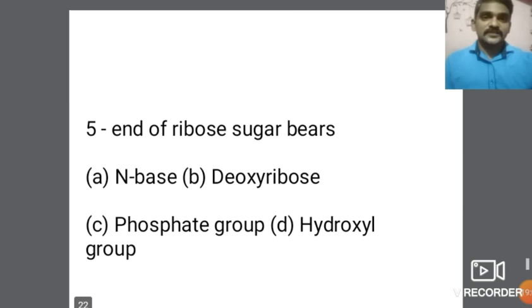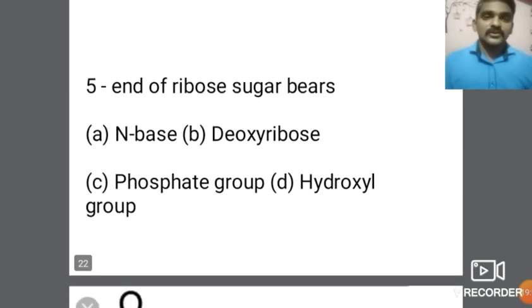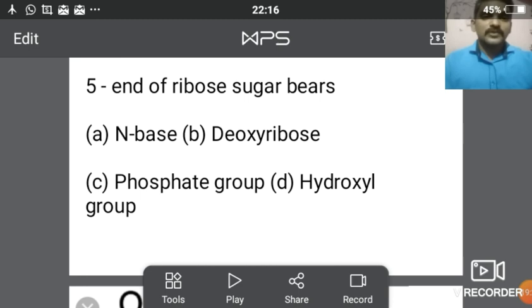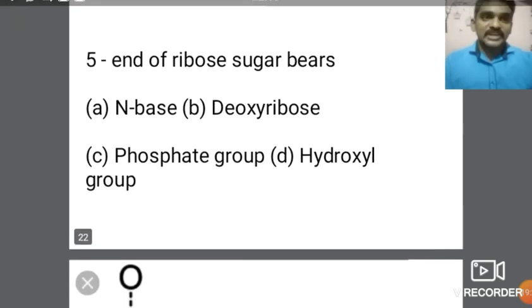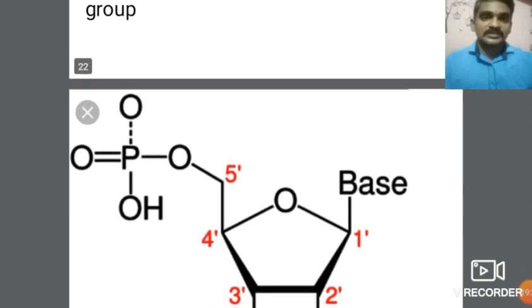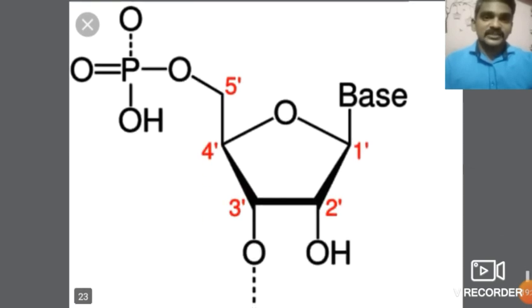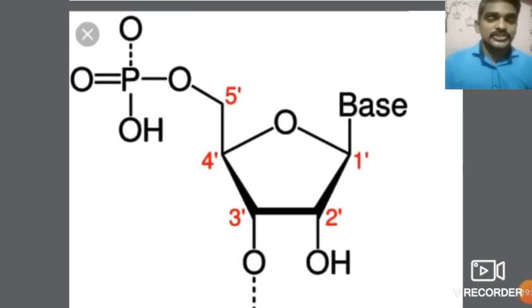The next question, the 5' end of the ribose sugar bears what? Ribose sugar, what does that mean? That you can find in the RNA. So what will be present at the 5' end? You can see the structure, you can easily identify the answer. See the first position, the base will be attached.